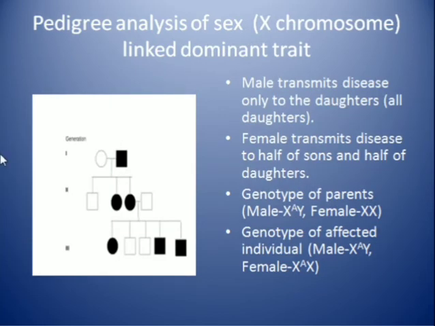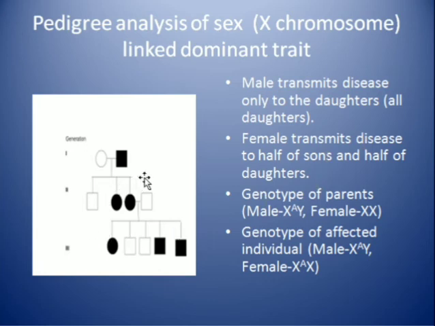Next is the sex-linked dominant trait, where the trait is in the X chromosome and it is dominant. In this case, as you can see, in every generation there is one affected individual because it is dominant, and mostly the males transmit it to the daughters. So males transmit the disease only to the daughters, while females transmit the disease to half of the sons and half of the daughters.